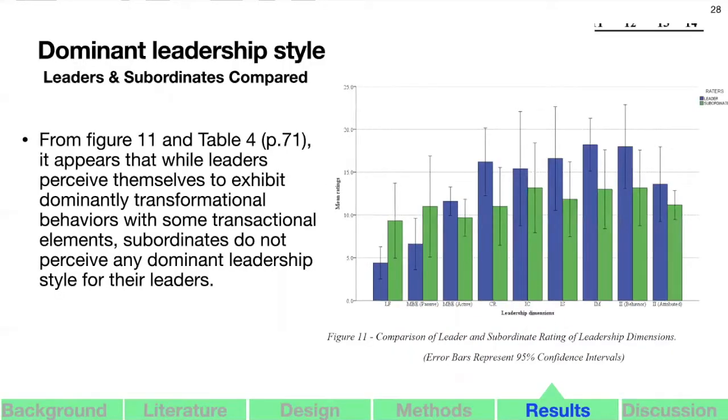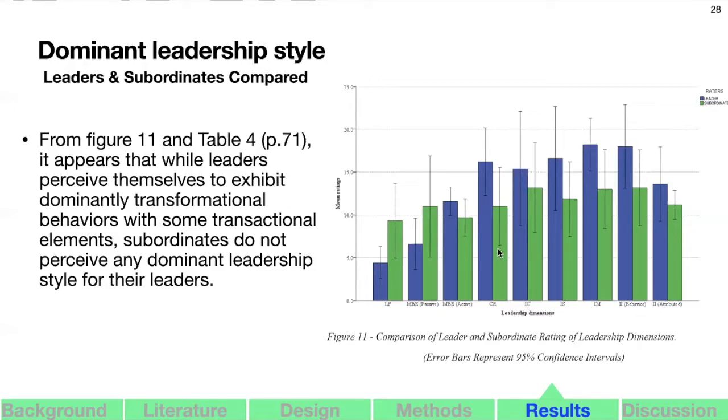And then to find the dominant leadership style, I found that while the leaders rated themselves mostly in the transformational domain, the subordinates did not find any dominant leadership style among their leaders.